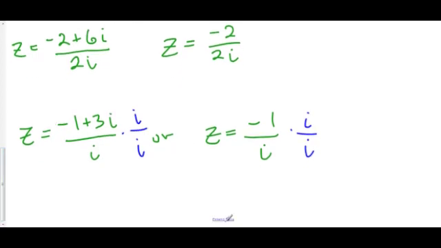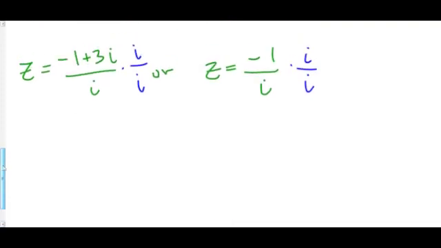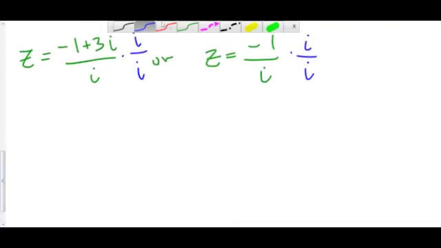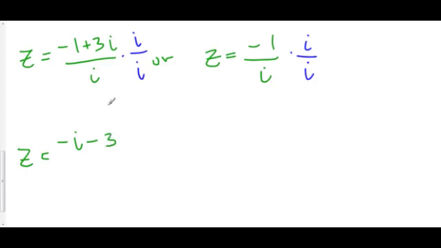So now at this point, negative 1 times i, that's negative i. 3i times i, that's negative 3 because i squared is negative 1, all over i times i, which is negative 1. Or z is equal to negative 1 times i is negative i over i times i, that's negative 1.